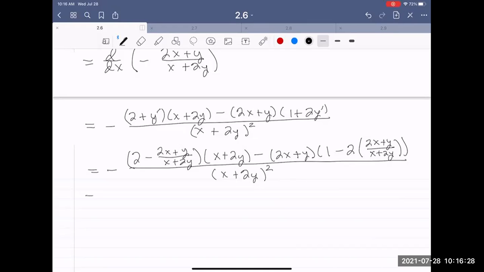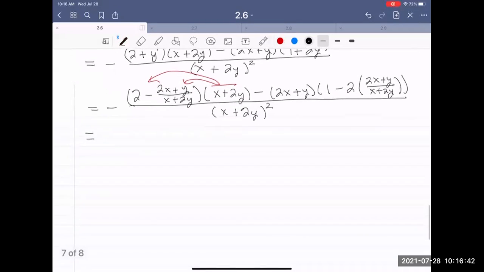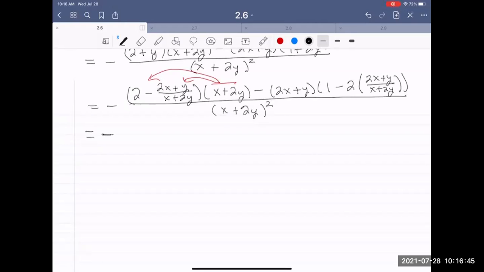So this is equal to, well, in this first case, I'll multiply the x plus 2y inside the parentheses. So if I do that, I get, and I'll keep the minus out in front. So I have here 2 times the x plus 2y is 2x plus 4y. Minus, well, the x plus 2y's cancel. So you get a minus 2x minus y.